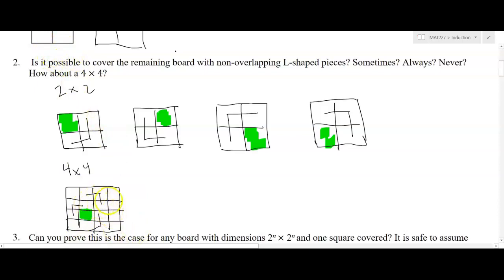It has to be in that L-shaped piece. So unfortunately, I'm not going to be able to do these 4 squares or these 2 squares. But if I begin thinking about this in a more careful way, I can actually see that a 4x4 is really 4 2x2s.